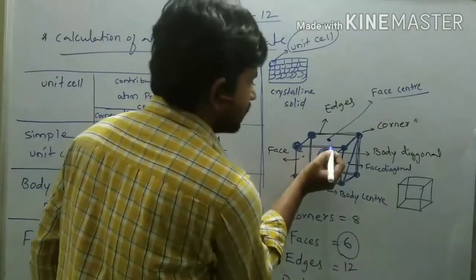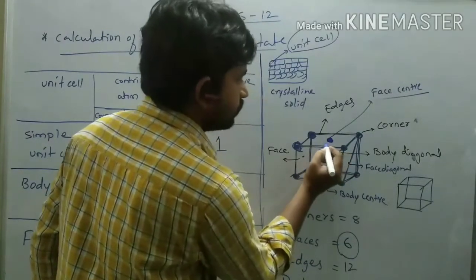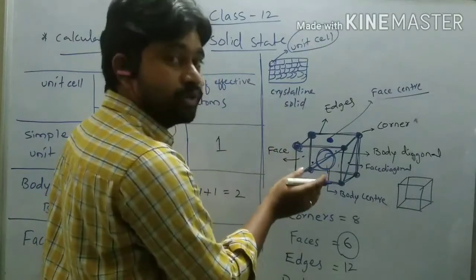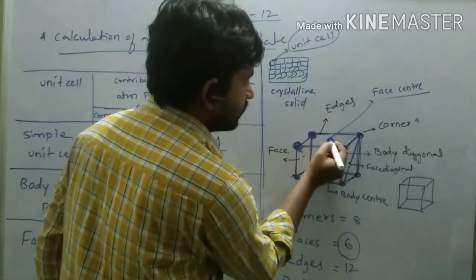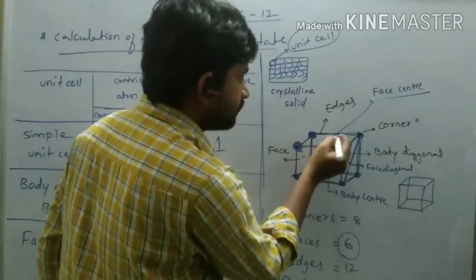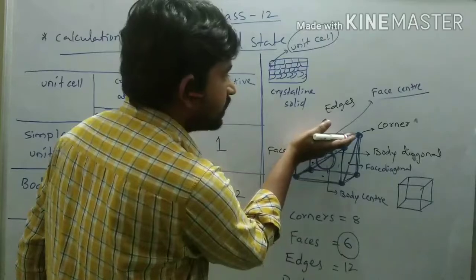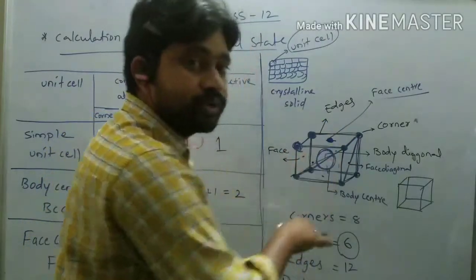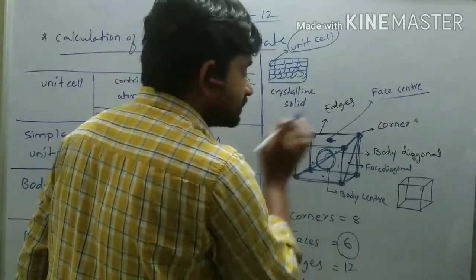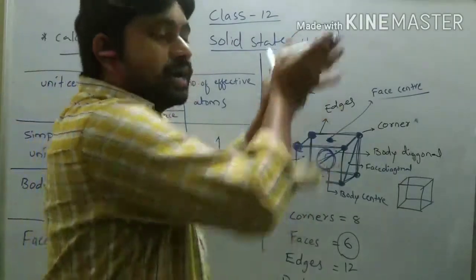So of these 6 atoms, here 1 face center atom is there. Above, one unit cell is there, so half of the part is in that unit cell and half of the part in this unit cell. This atom will be shared, half in the unit cell above and half in the unit cell below. Means half of the part will be shared with another unit cell.